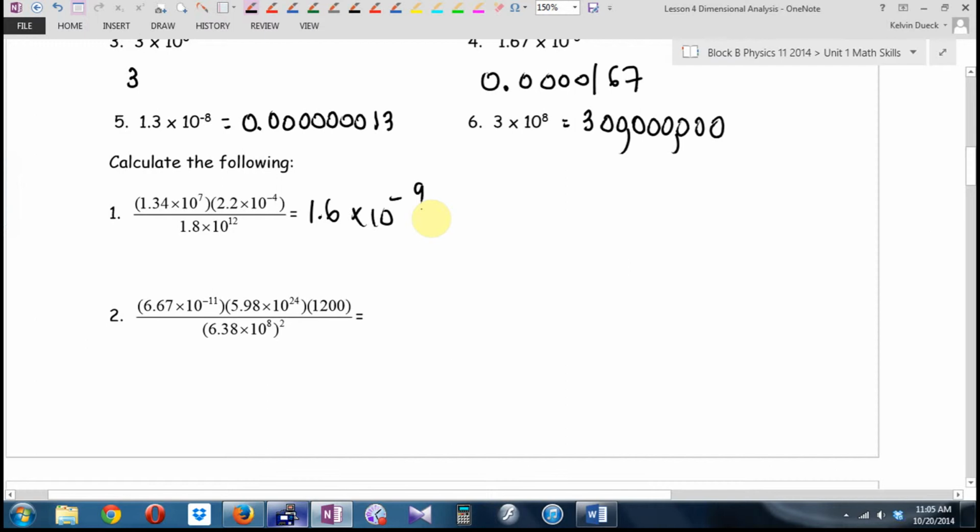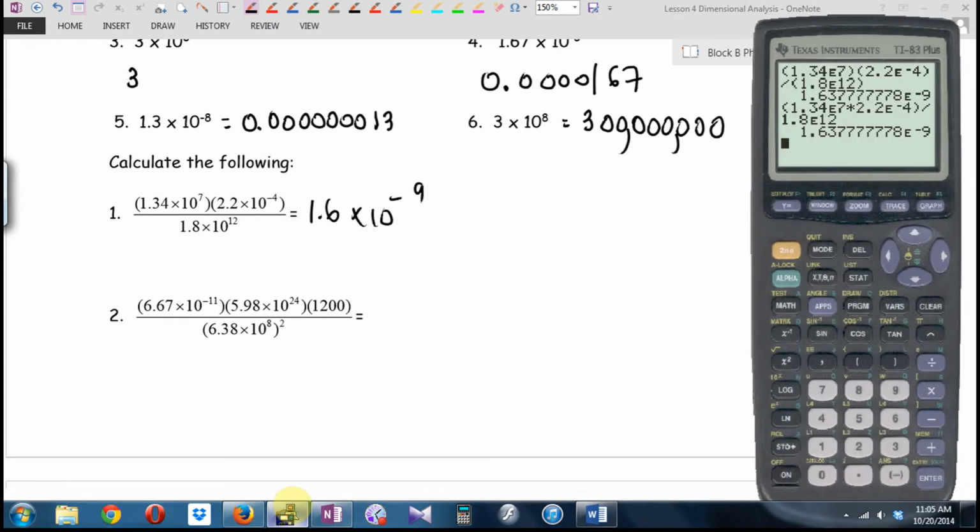Let's try example 2. All clear? So I'm going to use times signs instead of all those brackets. 6.67, scientific notation, -11, times 5.98, scientific notation button 24, times 1200, divided by 6.38. Oh, you know what?